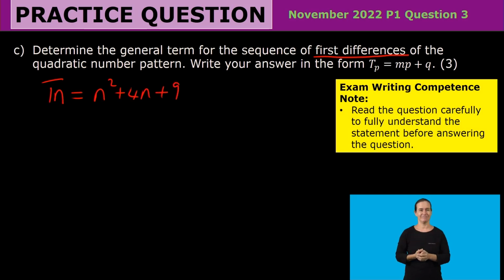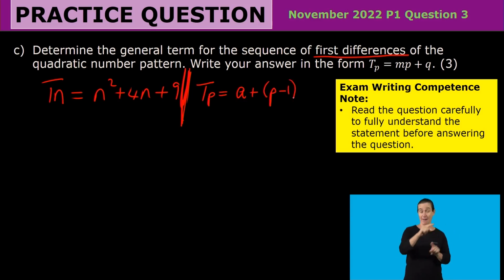So now we need to find Tp, which is the arithmetic number pattern. When it comes to an arithmetic sequence, the general term, using p and not n because n has already been used, is a plus (p minus 1) times the common difference d. So all we have to do is substitute so that we can get that general term.